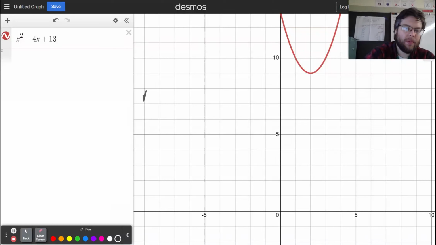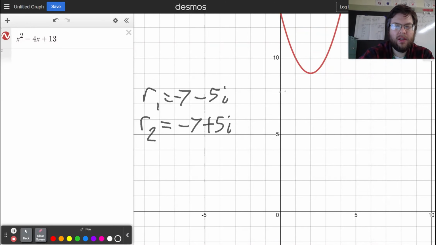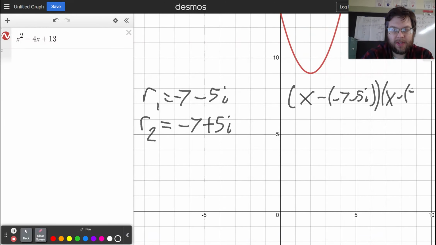Let's say we had one root of negative 7 minus 5i. Then I know our second root is going to be negative 7 plus 5i. I know our factored form is going to be x minus the first root and x minus the second root.